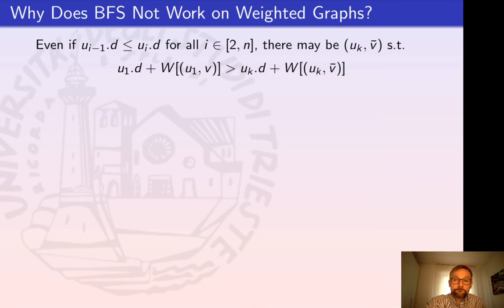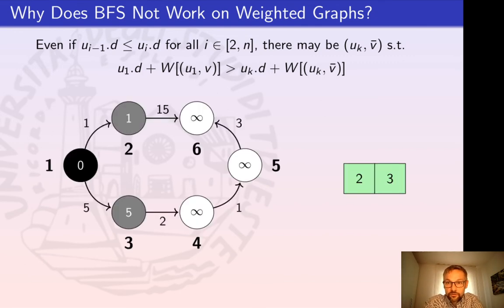And so it doesn't work in this way. It could be the case that the first element in the queue added with the weight moving from it to the node we want to reach, so D, is greater than the distance of another node in the queue plus the weight of the edge moving from that node to another node. So let's see an example.